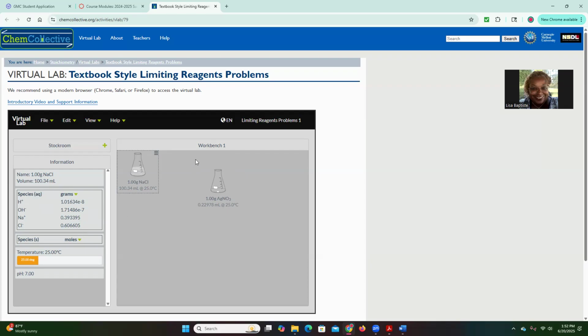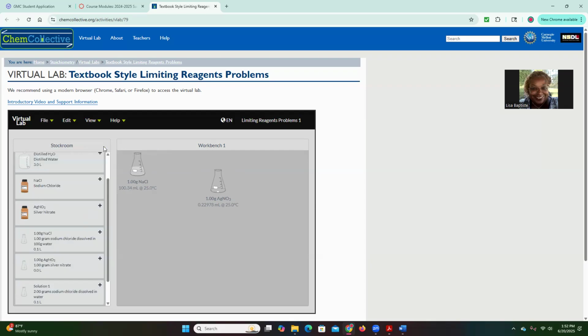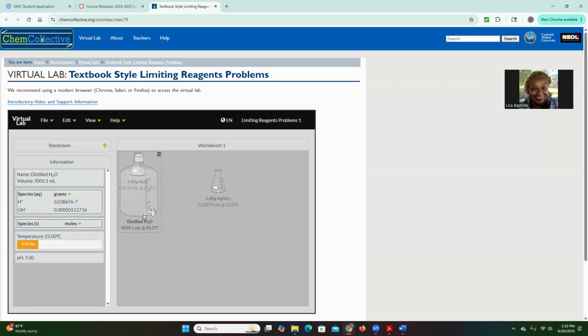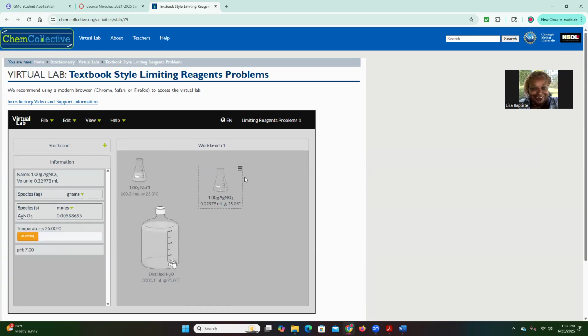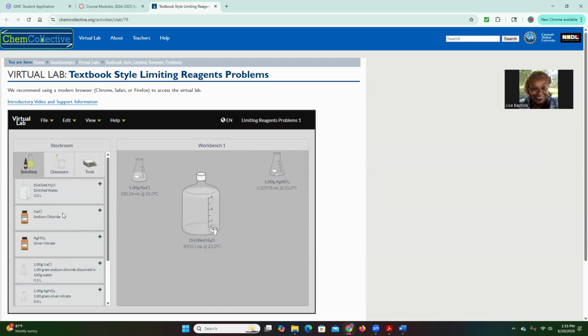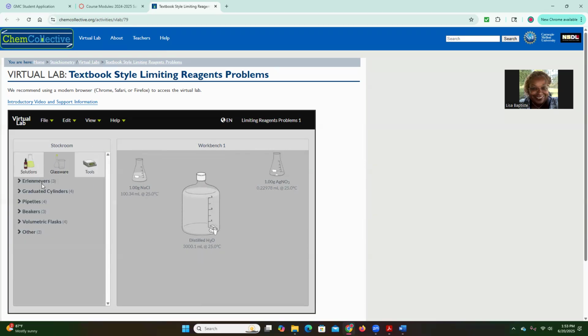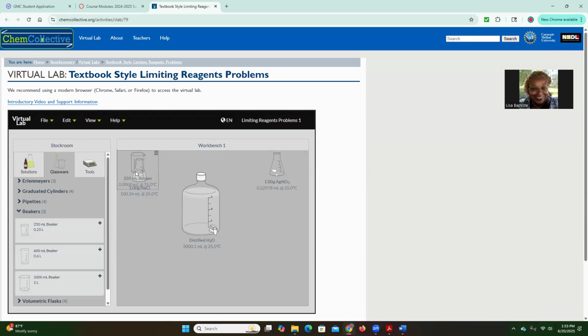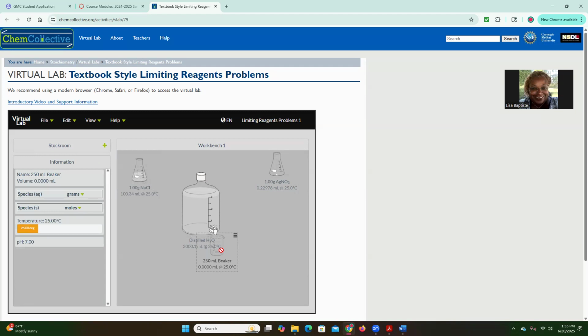All right. And so if we look in the stock room, we can move our water over. And anytime you bring something over, you can always move it around your workbench. It doesn't have to be stacked on top of each other. And so if you're wanting to get some water out, you want to first put it into a beaker. Okay.